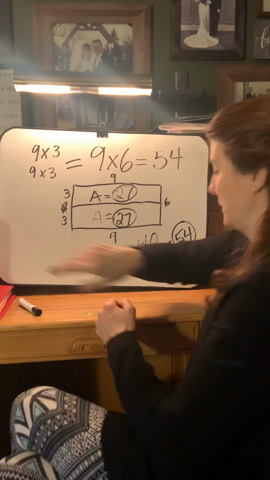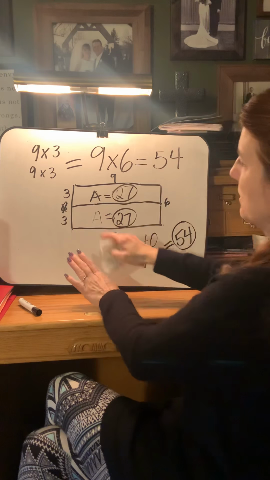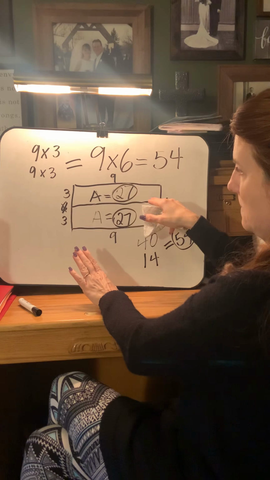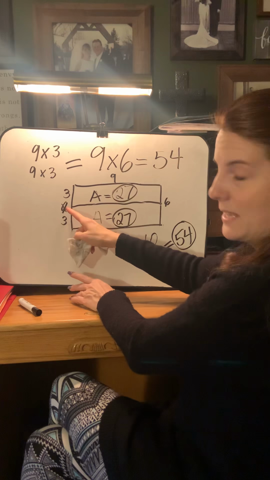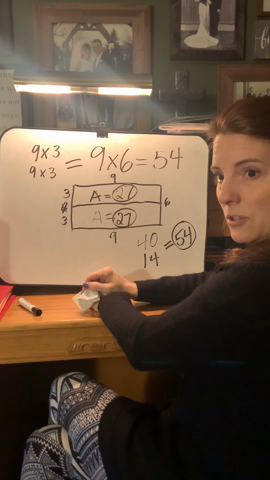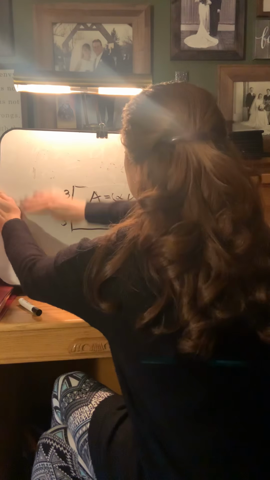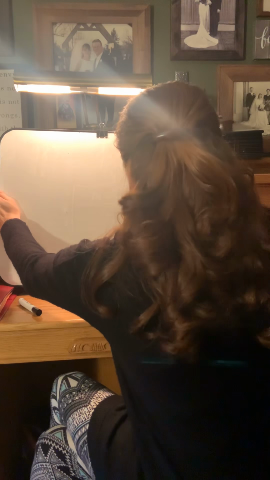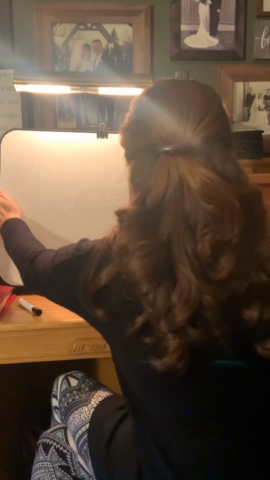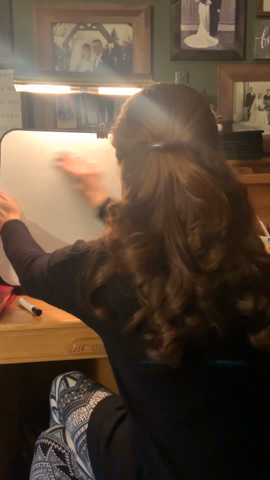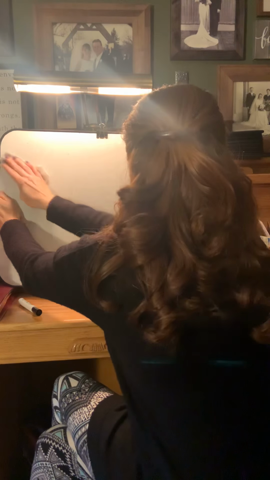All right, let's do another one. This one we broke up evenly. So we broke that 6 evenly into 3 and 3. Let's look at one where we don't break it up evenly. Let's see what our math book shows us.